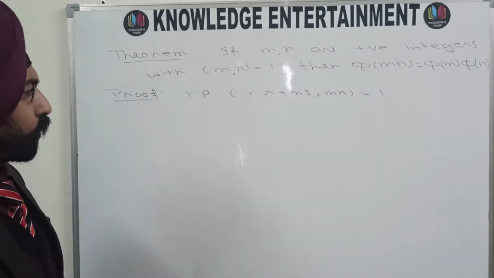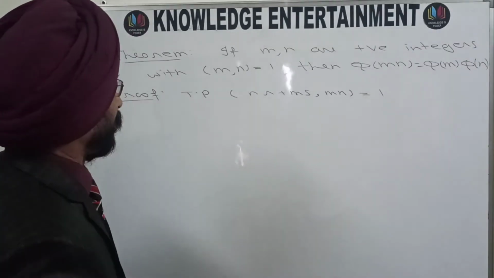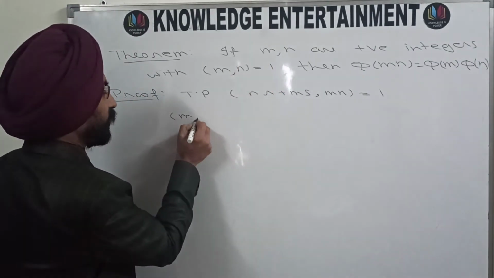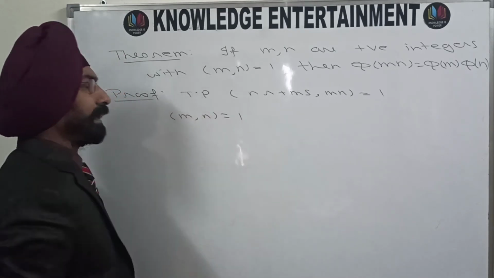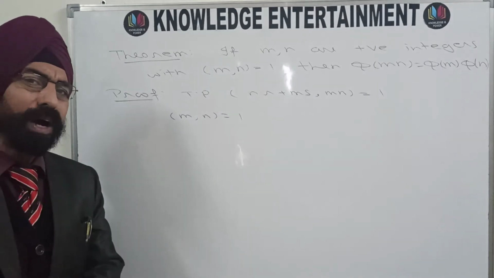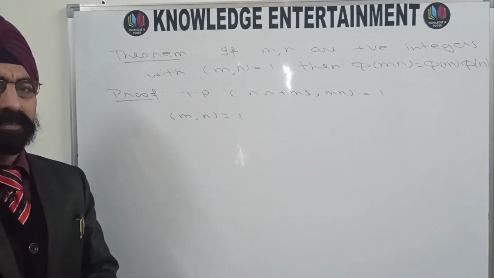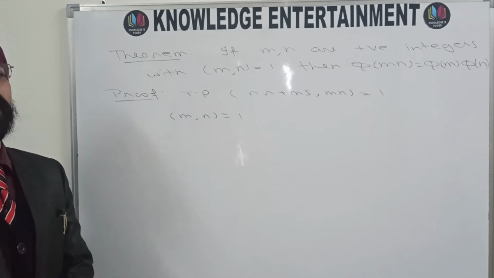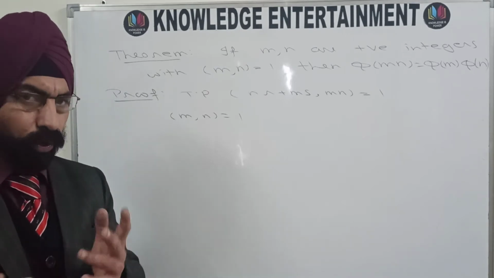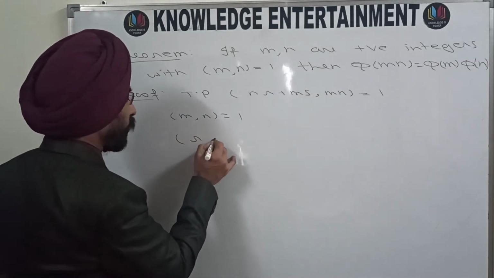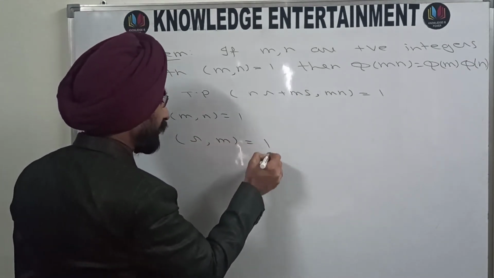Now look, GCD of m and n is given to be 1. R1, R2, up to R phi m are the members of the reduced residue system modulo m. That means the GCD of R with m is also 1.